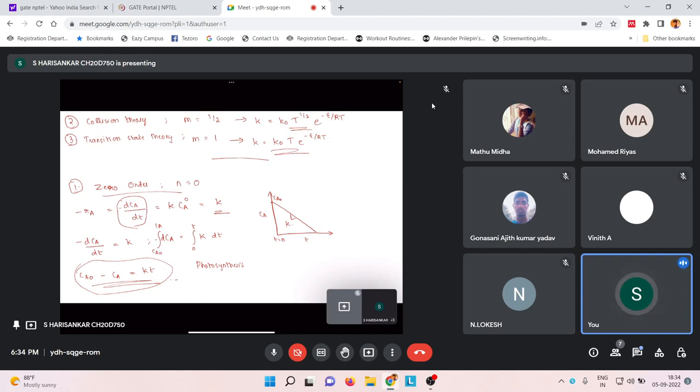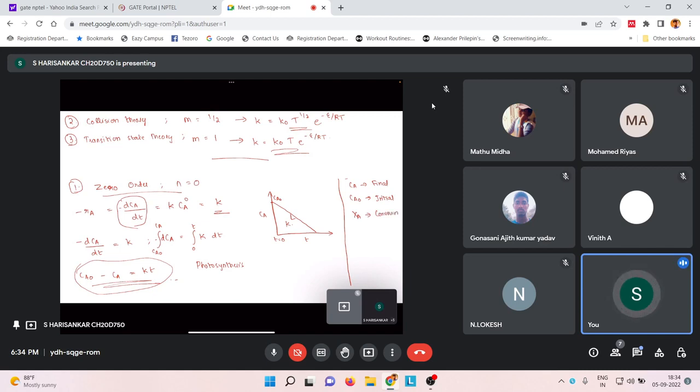So, one more thing we need to note. So, we said that Ca is the final concentration and Ca0 is the initial concentration, right? There is one more term here, Xa, which we can term as conversion.